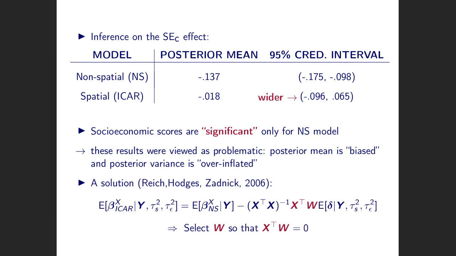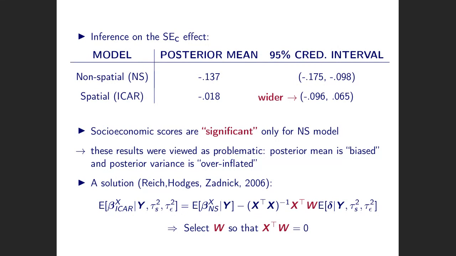And so what they did, which is what we call the first restricted spatial regression method, is propose that instead of using the estimate from the ICAR model, they actually tweak this model a little bit. In particular, they noticed that under the ICAR model, the posterior distribution of beta x, conditional on the two precision parameters, has this form here.